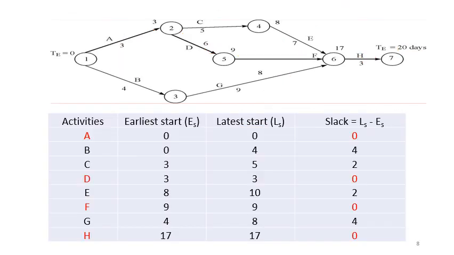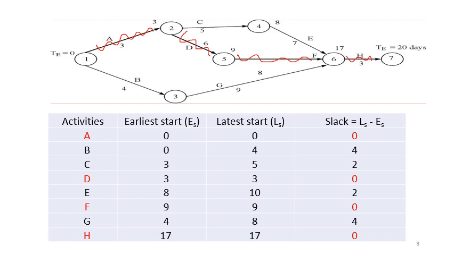This is the summary of the network, this particular problem. Based on the calculations here, you can see the different paths on the critical path. You can either indicate the critical path in this fashion, or you can use double arrows.